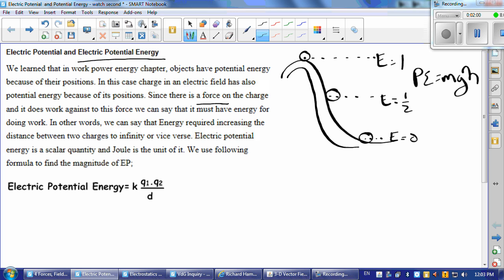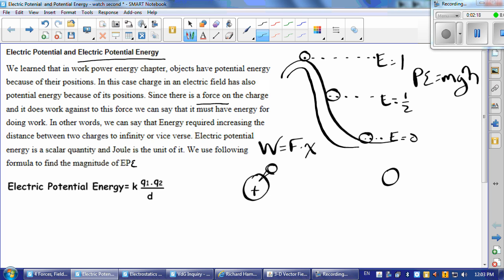Now I'm going to use EPE when I notate electric potential energy. Now what that means is, you remember way back when work was force times distance. Well, if I have a positive charge, and let's say I nail it to the board here, it can't move.